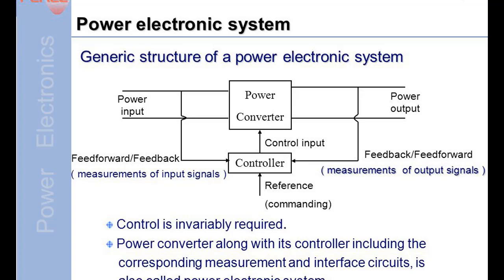Measurements of output signals, measurements of input signals. Reference. Commanding control is invariably required. A power converter along with its controller, including the corresponding measurement and interface circuits, is also called a power electronic system.